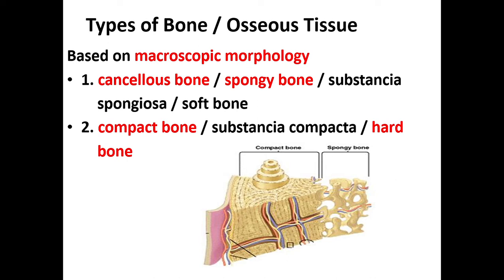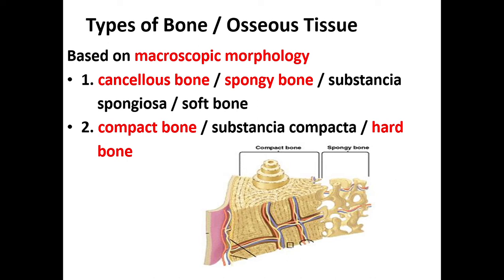We have the first one, the cancellous bone or spongy bone or substantia spongiosa, commonly referred to as soft bone. Then on going to the outer part of the tissue, we have the compact bone or substantia compacta, commonly referred to as hard bone.